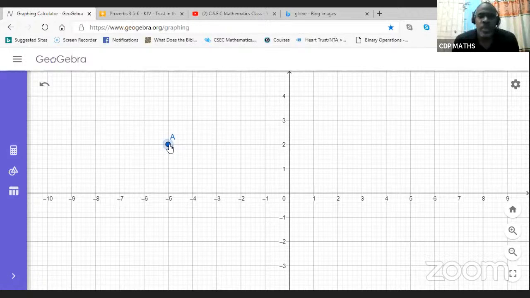When we're locating points, we use two coordinates, like southeast, northeast, southwest. But in this case, we're using the x and y coordinates. So the x comes first, y comes second. Remember that. And it's called an ordered pair.